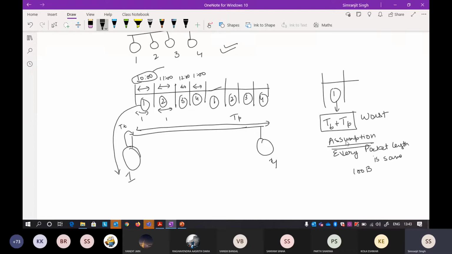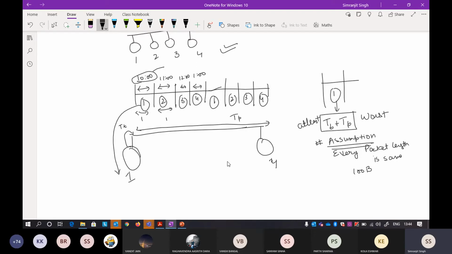It may be more than that if TT is larger for a particular packet, but at least that much time is required. Again, it's an assumption that every packet of every station takes the same amount of time to transmit. Keep that in mind.